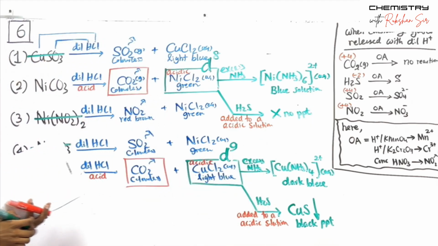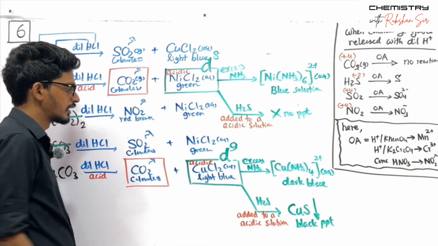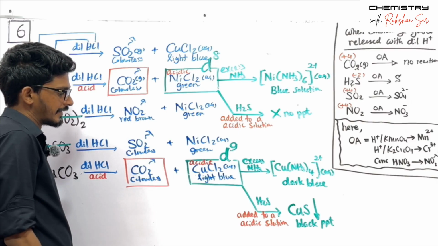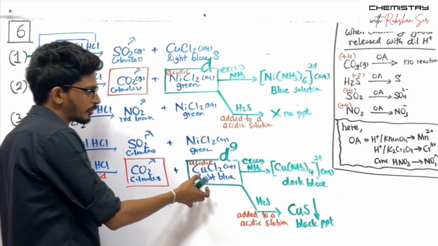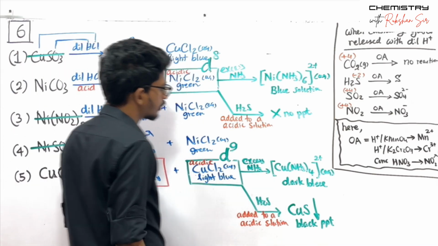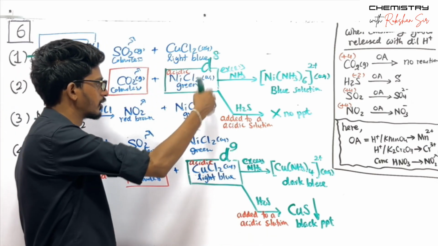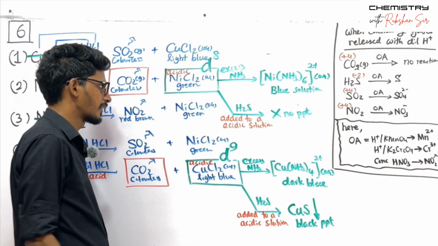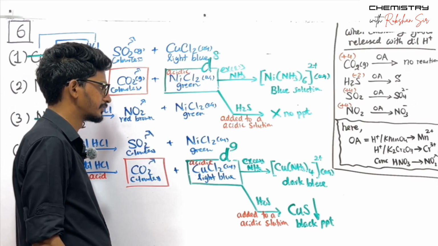See, nickel comes under group analysis group 4. Copper comes under group analysis group 2. In acidic medium H2S, group 2 cations will get precipitated, not the group 4 cations. They will remain in the solution.